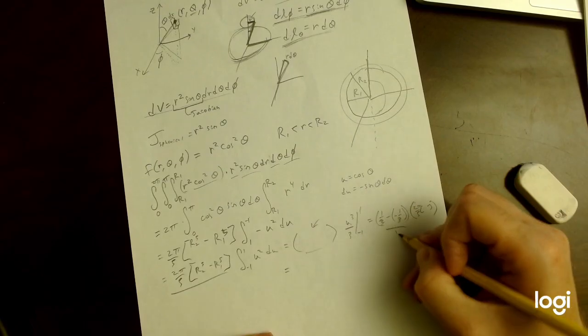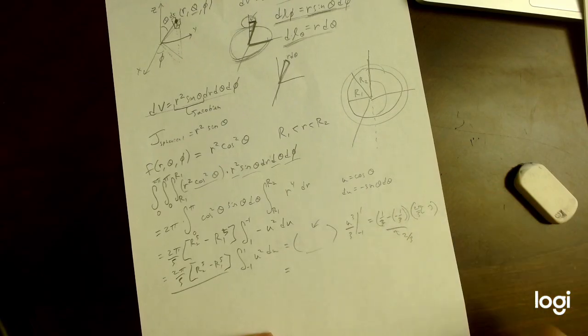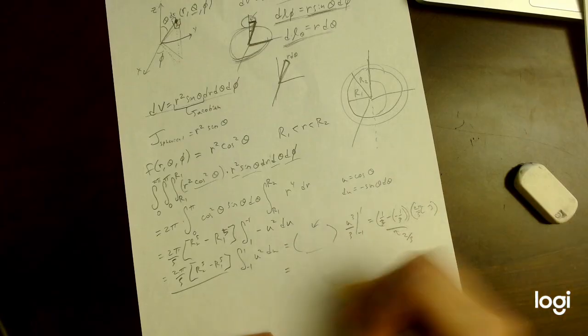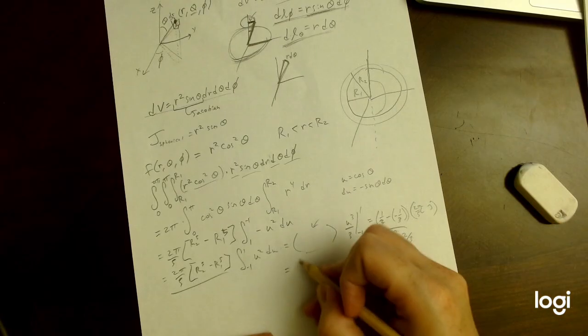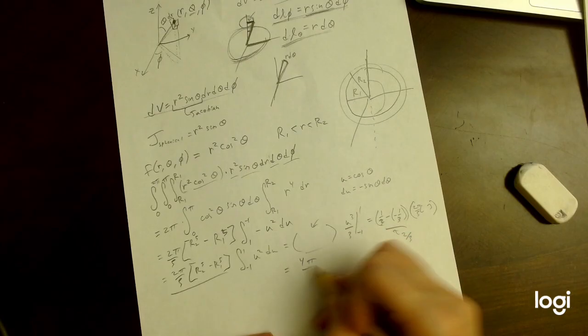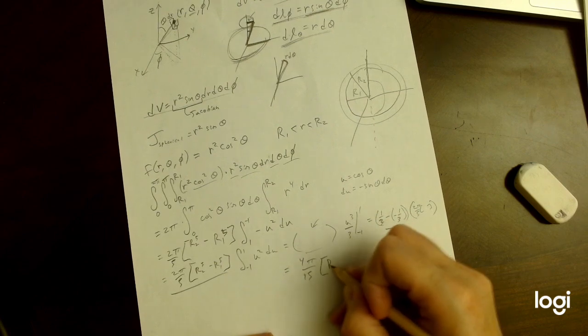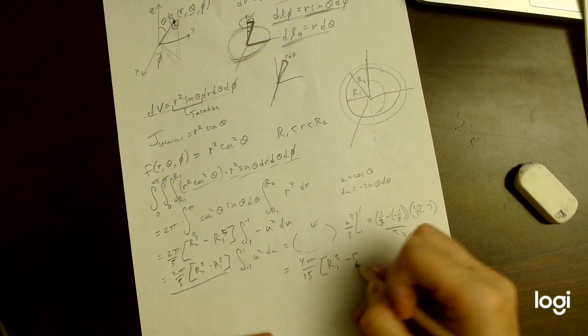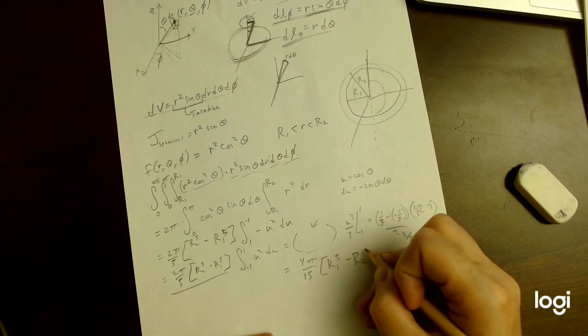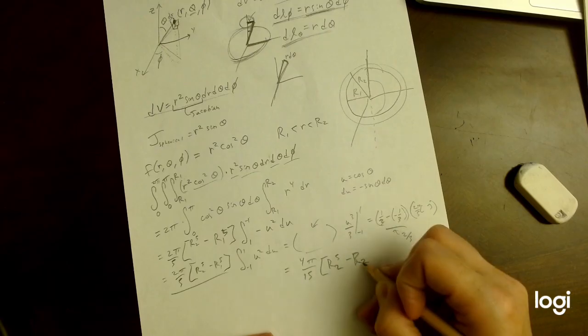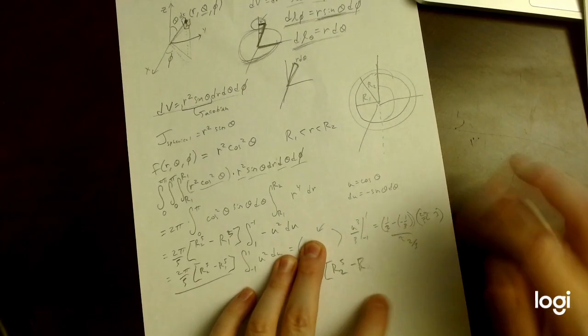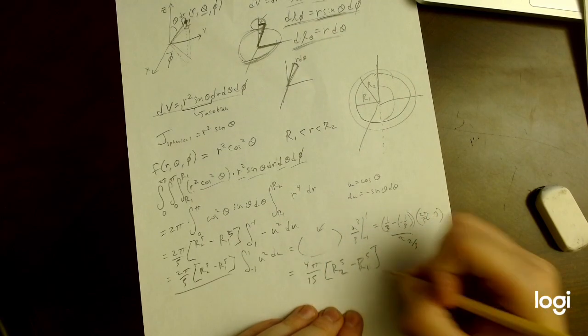Okay, so then this piece here evaluates to 2/3, and so all in all, we'd get 2 times 2 is 4 pi over 5 times 3 is 15, and times then r2 minus r1, to the 5th power, like so.